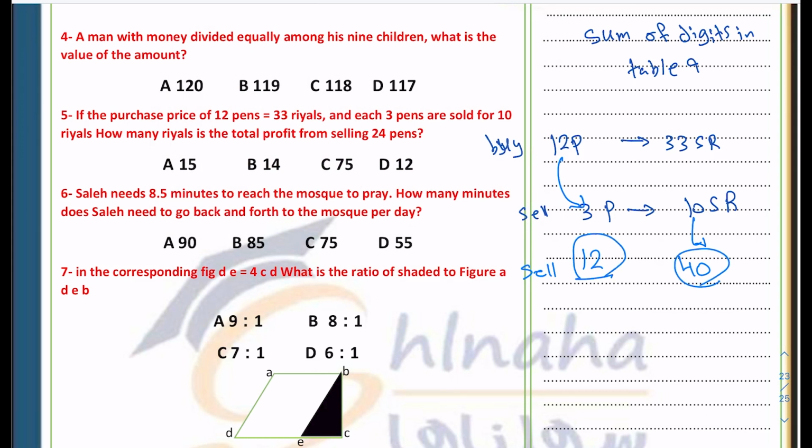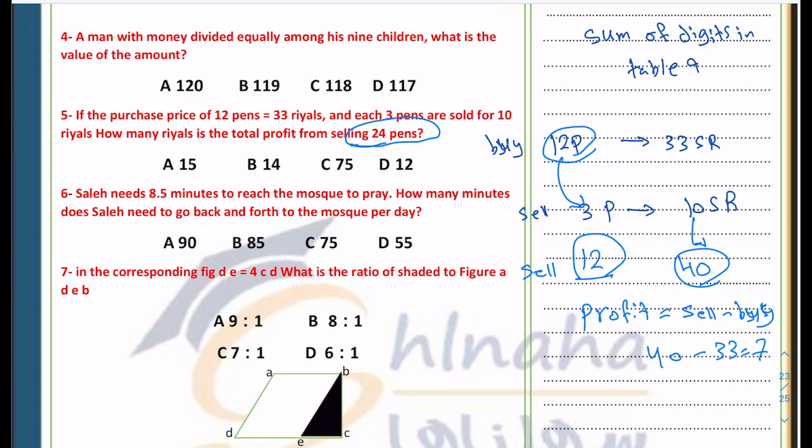Now he is asking about the profit. The profit is always the selling price minus the buying price, or the cost price. So 40 minus 33 equals 7. Teacher, we don't have 7 in the choices, because he is asking about 24 pens and we calculated for 12 pens.